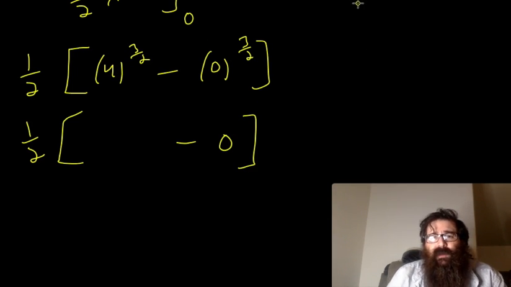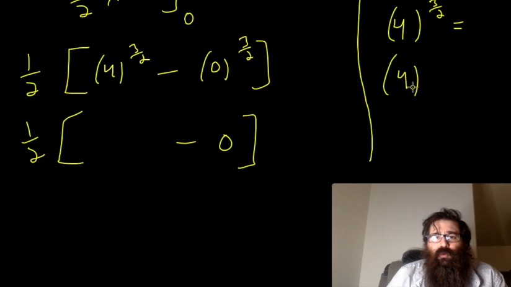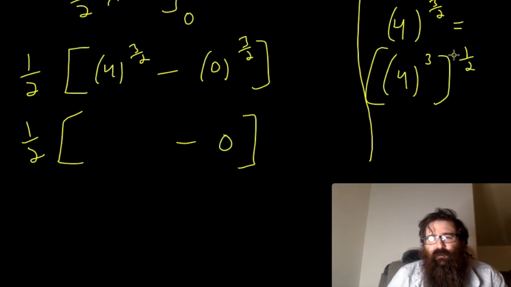With 4 to the 3/2 power, working with these fractional exponents by hand doesn't have to be a nightmare. Think of it like re-raising. So 4 to the 3/2, I can think of it like 4 to the 3 to the 1/2 power. I can sort of break it up and say, well, if I'm re-raising, I'm multiplying these anyways. 3 times 1/2 is 3/2. But the trick, for me at least, is thinking about the fractional part of it first.